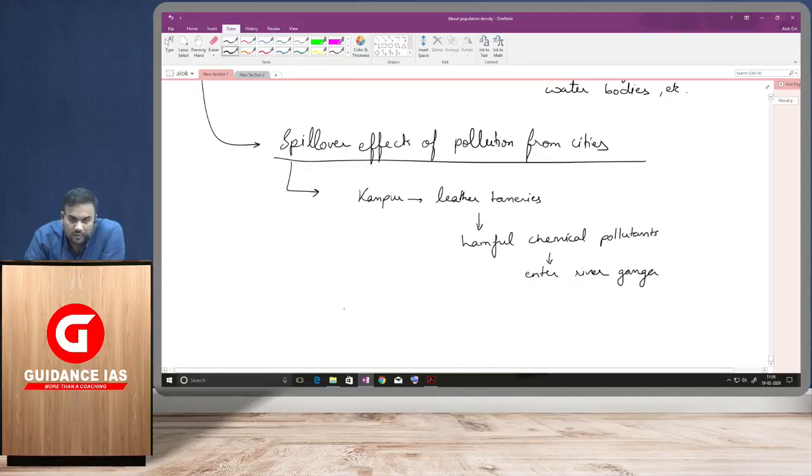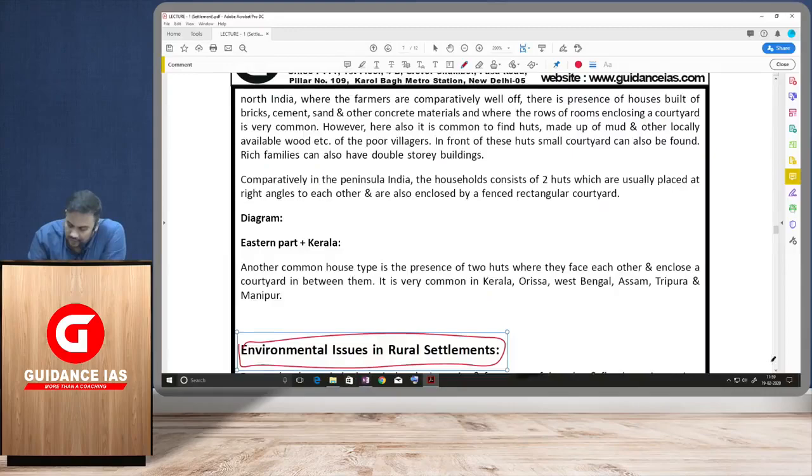So what will happen to the downstream villages located on the river? Will they be adversely affected? They will definitely be facing the environmental problems. Okay? So the spillover effects from the cities is another factor which is causing the environmental issues.